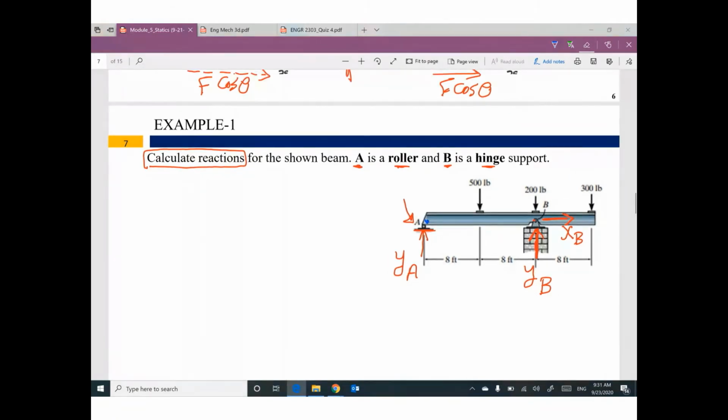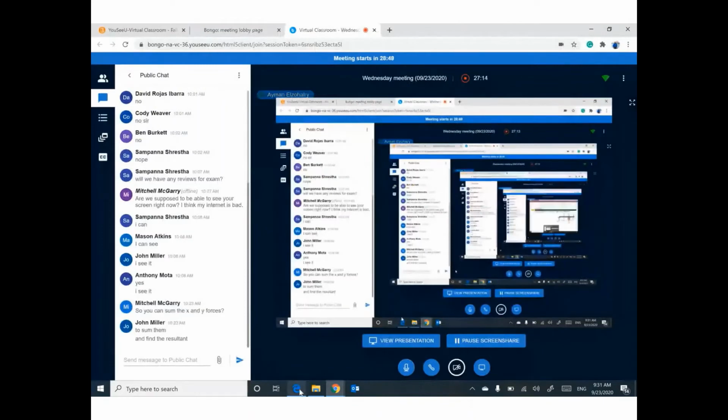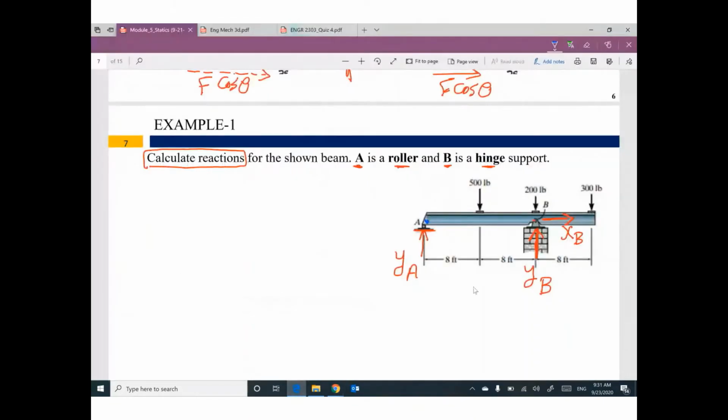First step, you need to figure out how many reactions you have, then you can label them. If the reaction is vertical, label it Y, then YA because you are talking about point A. If your reaction is in the X direction, label it X, then XB because you are talking about point B. Any questions so far? It's very easy. I believe this is the easiest problem in your coming exam.